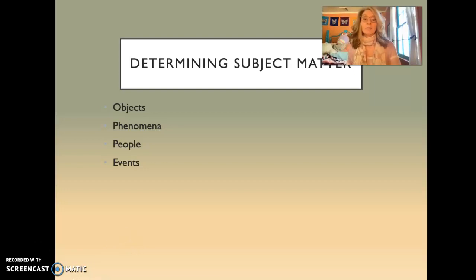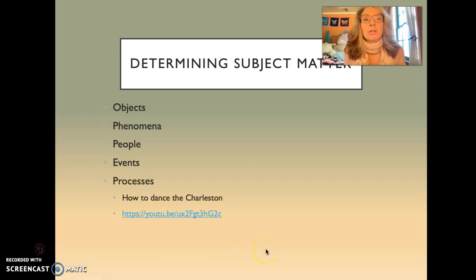Or you could give a speech about a process. A process is basically something in sequence, something that you do, a how-to speech, in other words. Like this particular one, I'm not going to go over it right now, but I really hope that you take a look at this speech. It's called How to Dance the Charleston.